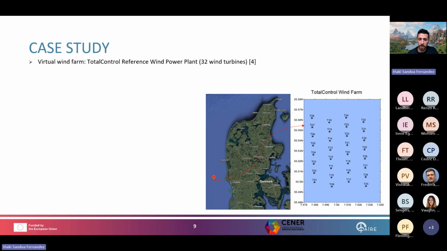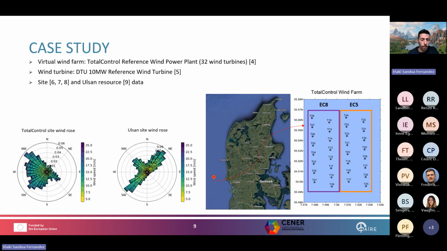The case study that we've chosen is defined by the following parameters. The selected wind farm is the TotalControl reference wind power plant, which consists of 32 DTU 10 megawatt reference wind turbines, and it has the layout shown in the image.